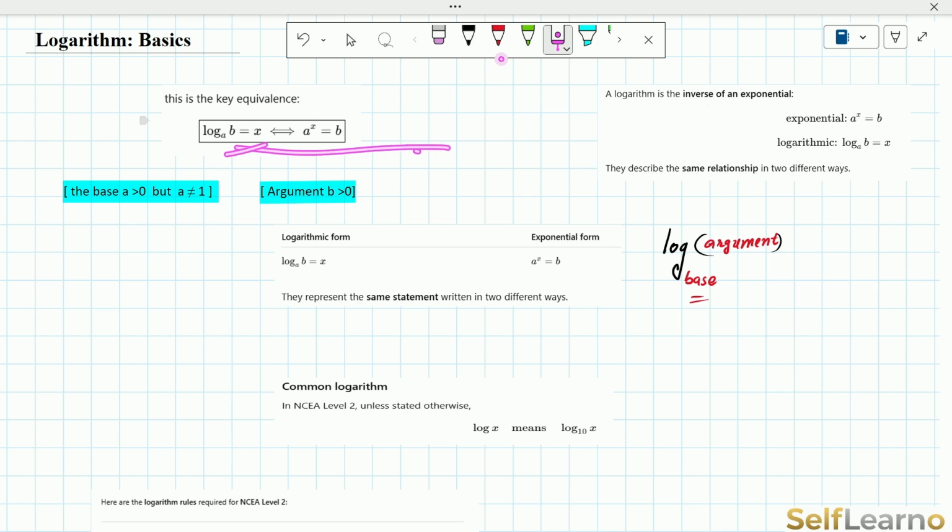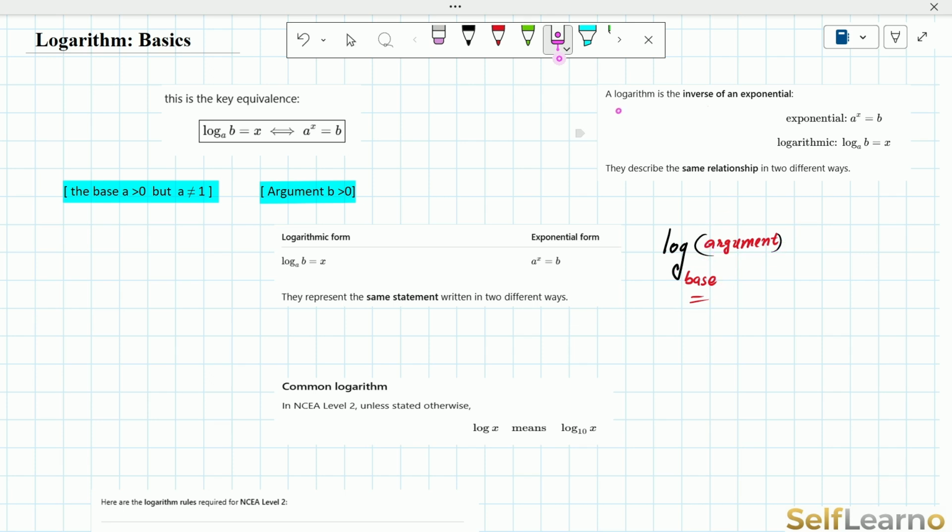We will think in the opposite direction also, but wait for that. As of now, we are focusing to convert this logarithmic form into exponential form. The opposite is very easy. We will learn it. So please remember what is base and what is argument of logarithm.